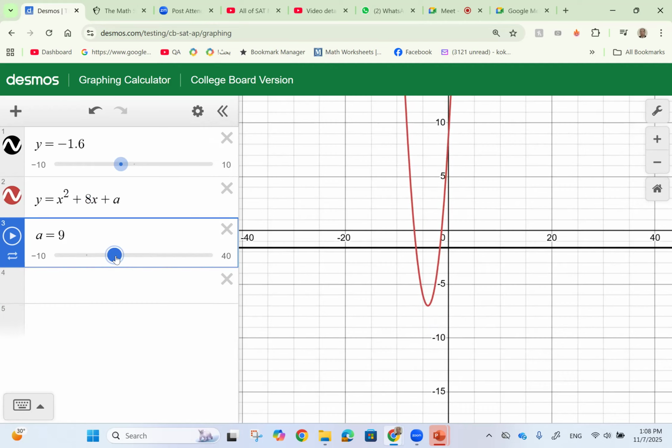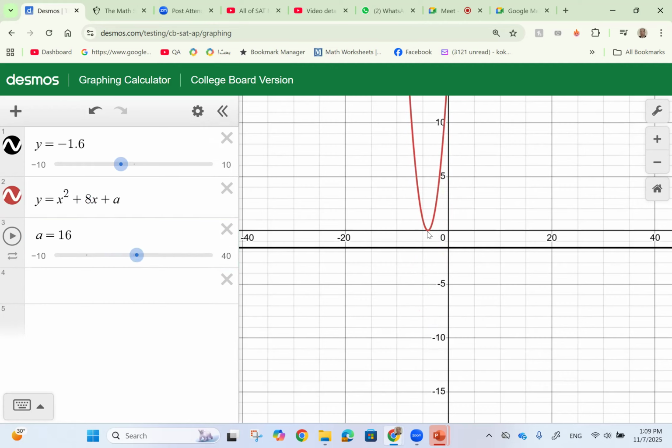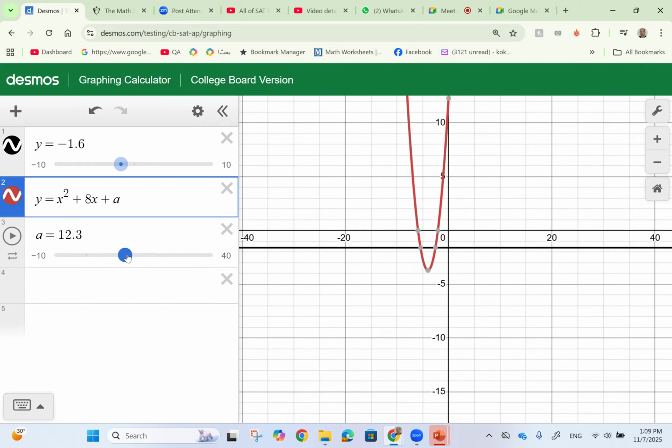The idea now is that I have to slide the value of a until the parabola reaches the line. I want to touch it with this line.